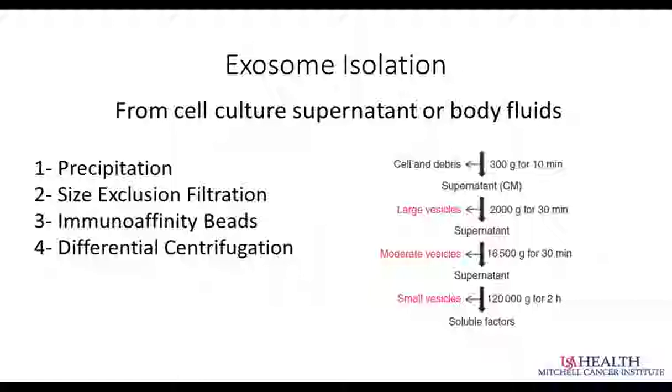So you can precipitate these. In the last 5 years especially, we've seen an explosion of kits on the market that actually allow you to precipitate these small vesicles. In our hands, these kits don't provide very good purity. They're quick. Usually within an hour you can isolate the little particles.